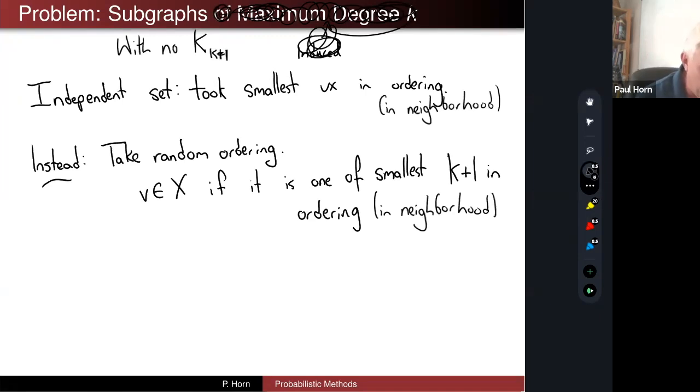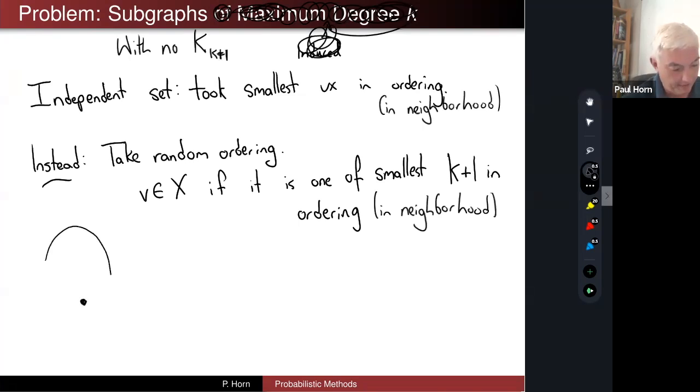So an independent set is a subgraph with no K2. What if I want a subgraph with no triangles, or a subgraph with no complete graph on 4 vertices? Then what I can do is what I suggest here. I take this random ordering, I take a vertex if it's one of the smallest in my neighborhood.